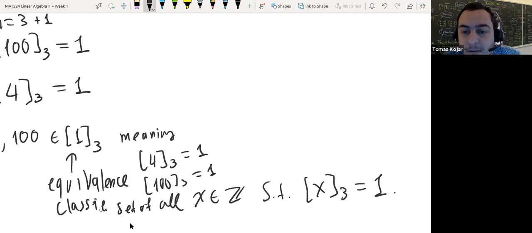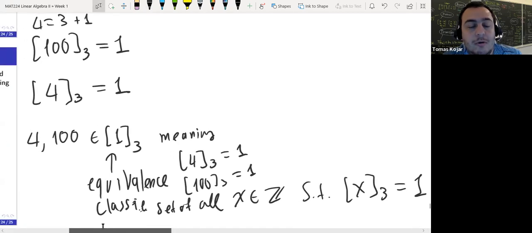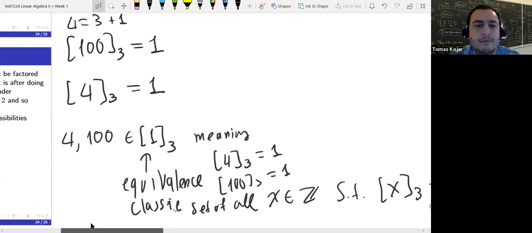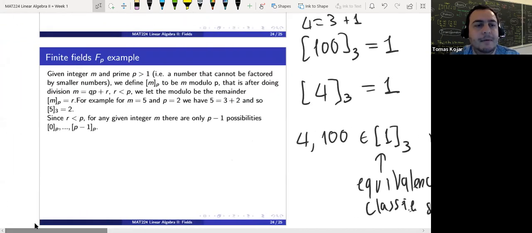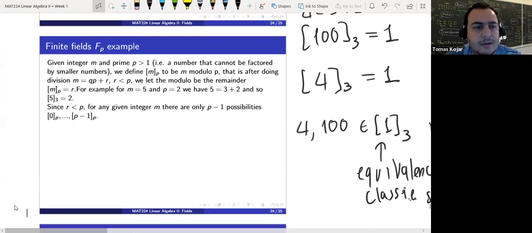Is that okay with you? That's what they're trying to say, that this is an equivalence class. You group together all the integers that have the same remainder. We'll come back to this, but that's the big idea here.